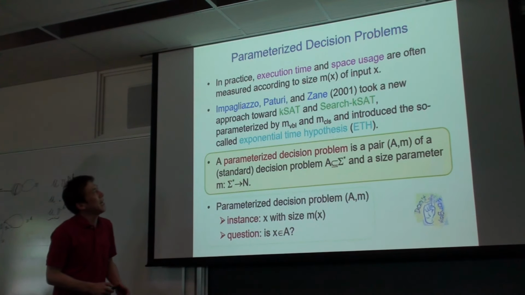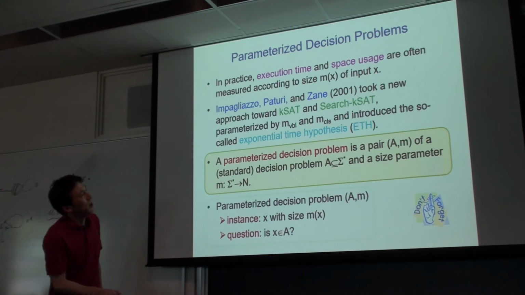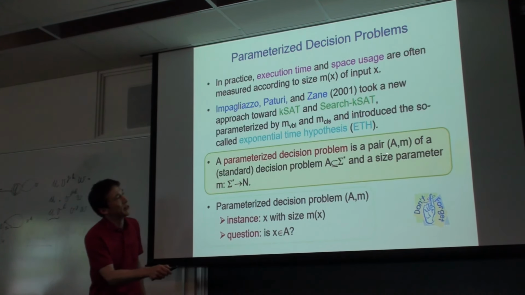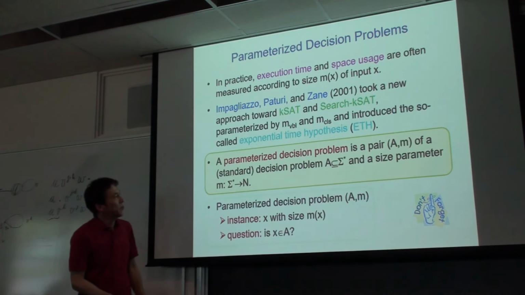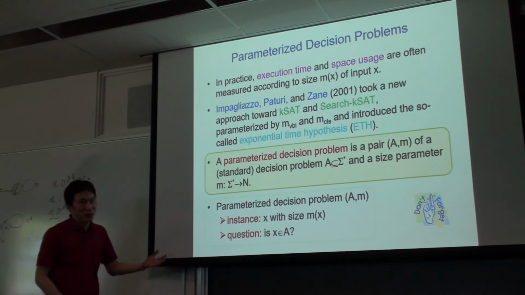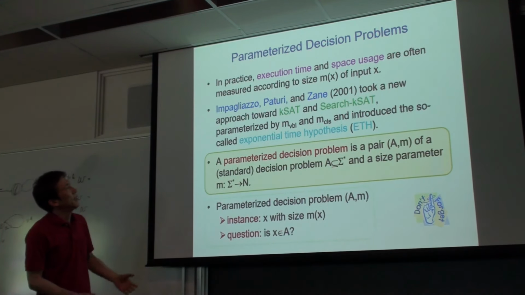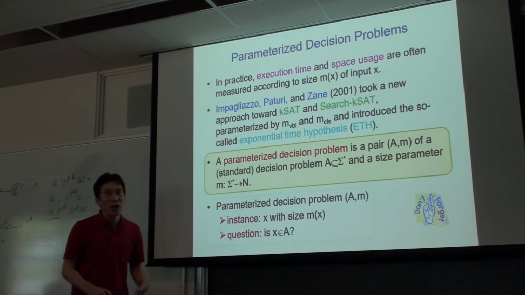Okay, now, we'll define this as a parameterized decision problem. This is just a pair of a standard problem with a size parameter, right? We are going to use a logspace computable size parameter later on, but those situations are actually not new.